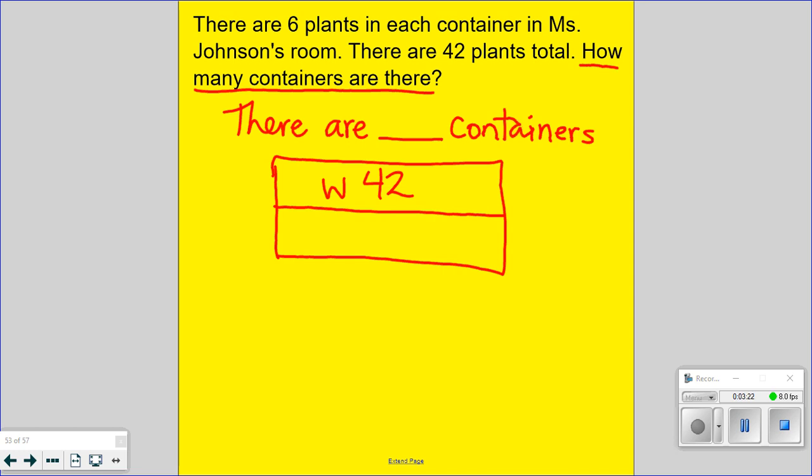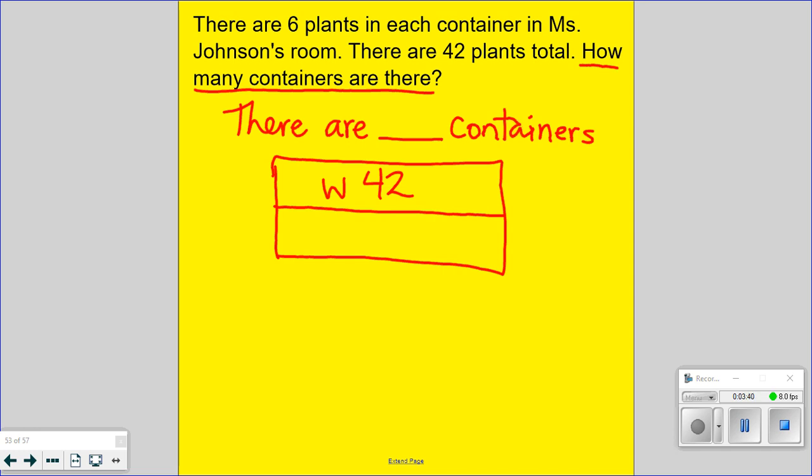Kenzie, what are you thinking? Containers are the groups, and 6 plants are in each group. Yeah, the containers are going to hold my plants, right? That's why I care about plants, because they're going in my containers.